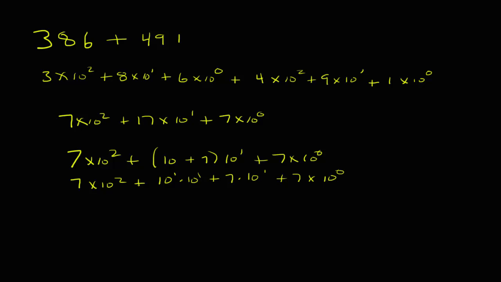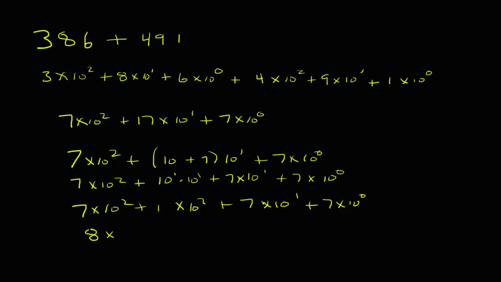Our 10 to the first times 10 to the first is really 10 to the second. So we've got plus 1 times 10 squared plus 7 times 10 to the first plus 7 times 10 to the 0.